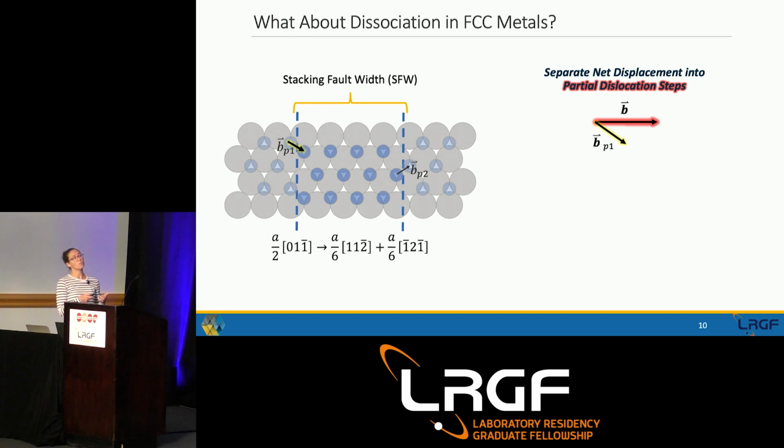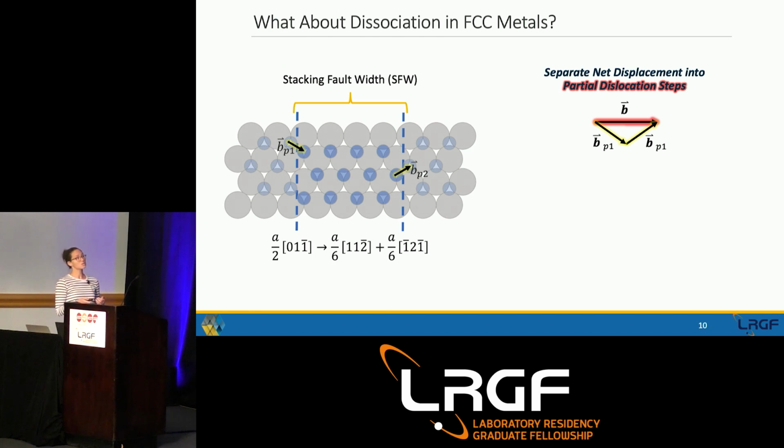So we break apart into a partial dislocation where you can see we've changed the character. We've gone from being perpendicular to our dislocation line to at an angle, where we have a net partial step, a partial dislocation step, that is then followed by its complementary second partial step that completes this full Burgers vector translation.